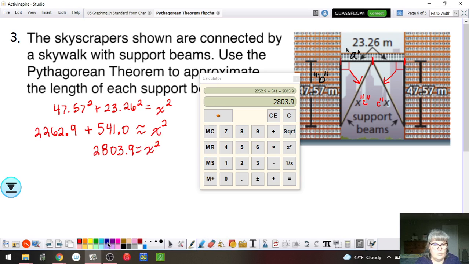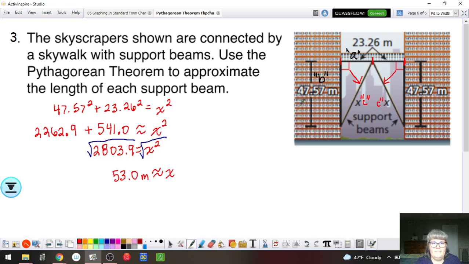Now, to finish the problem, to find just the value of x, we need to take the square root of each side, and that leaves us with approximately 53.0 meters. The 5 would cause the 9 to round up, but 9 rounds up to 10, causing the 52 to round up to 53. And that is how we use the Pythagorean theorem to solve for the missing side when we know two sides.